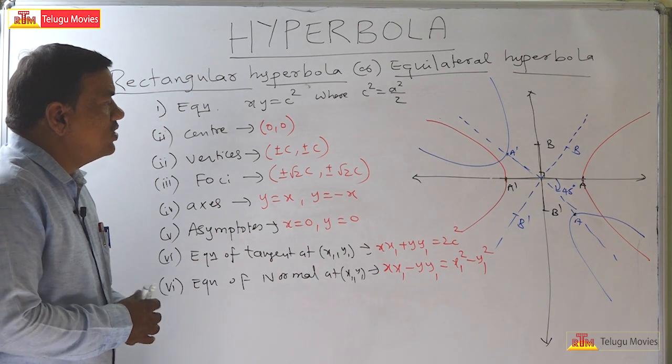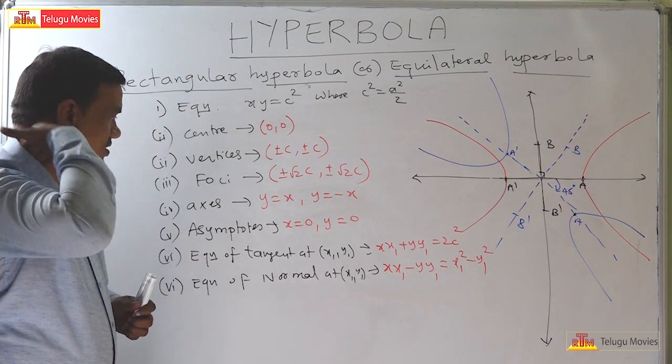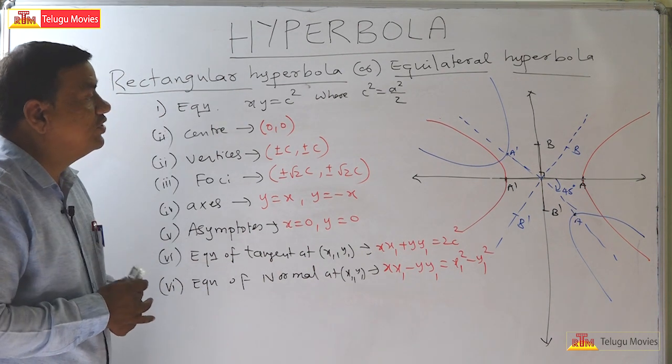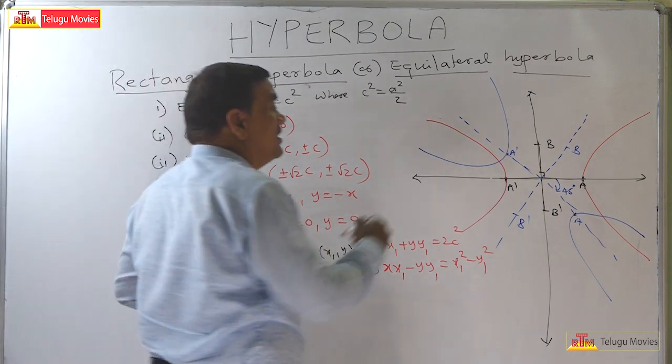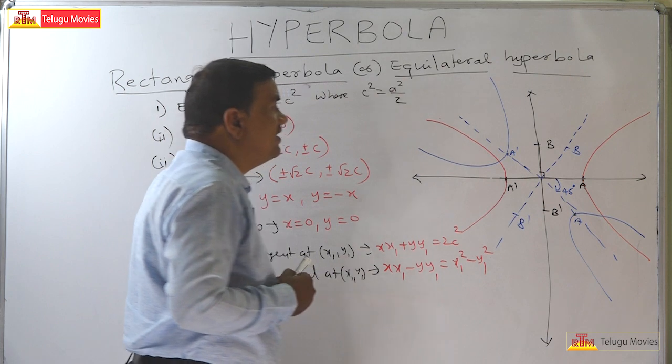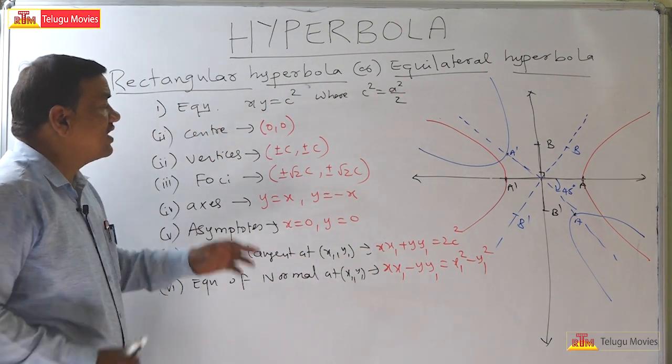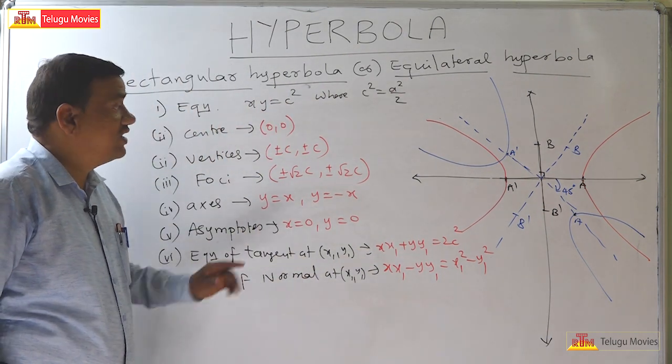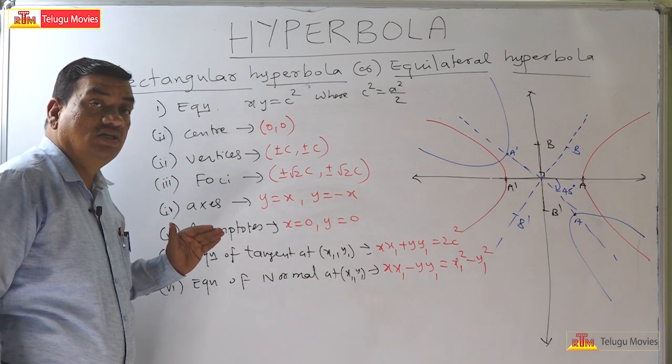Otherwise, if your hyperbola is in this conjugate form, then if you rotate it, the vertices will come in the first and third quadrant.